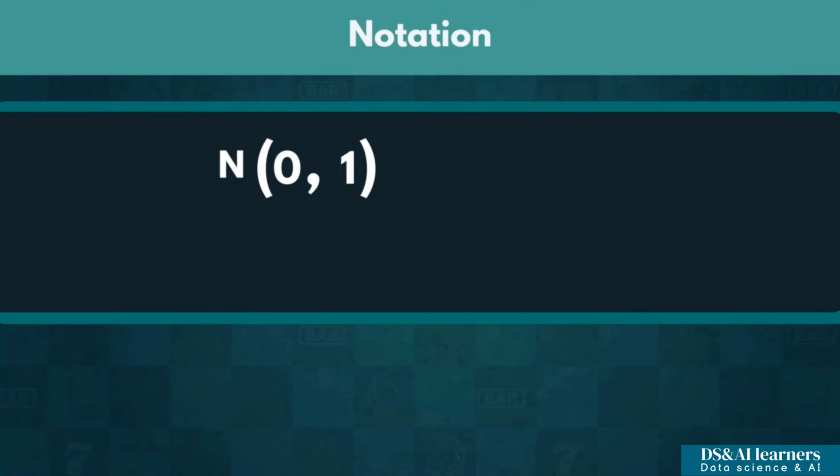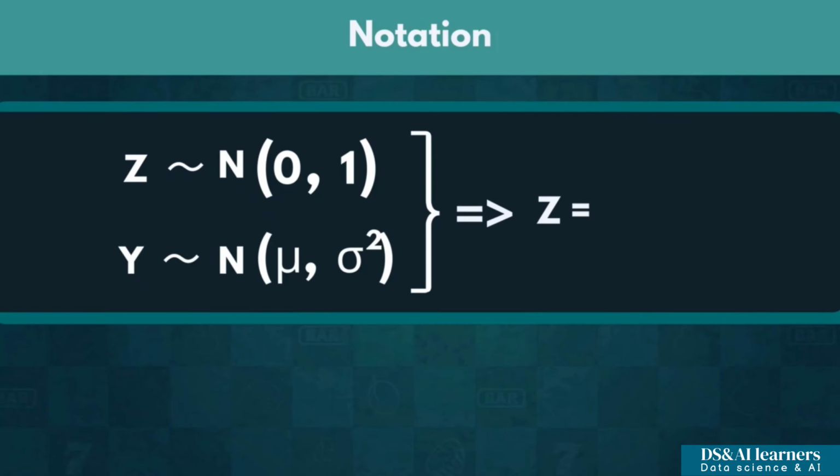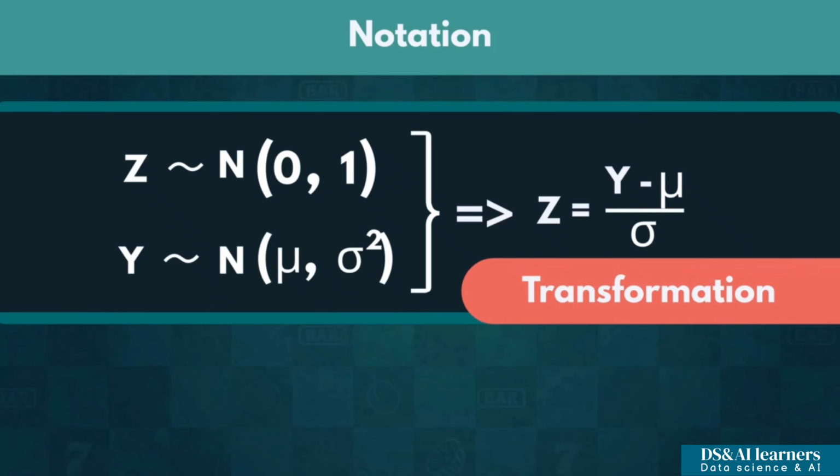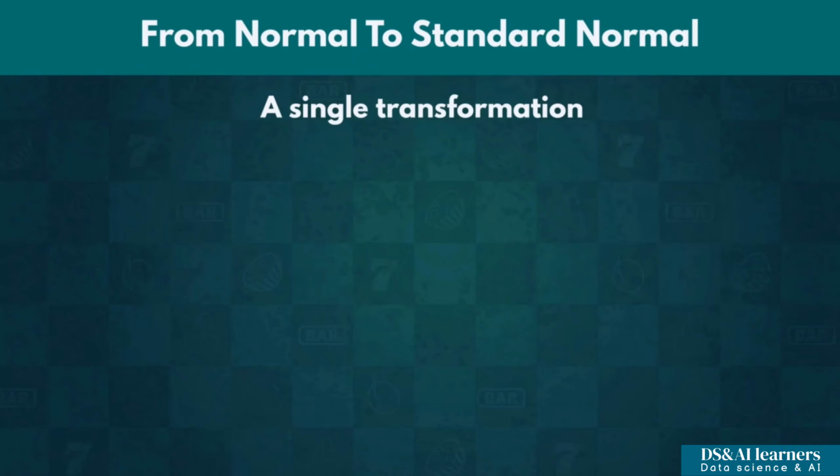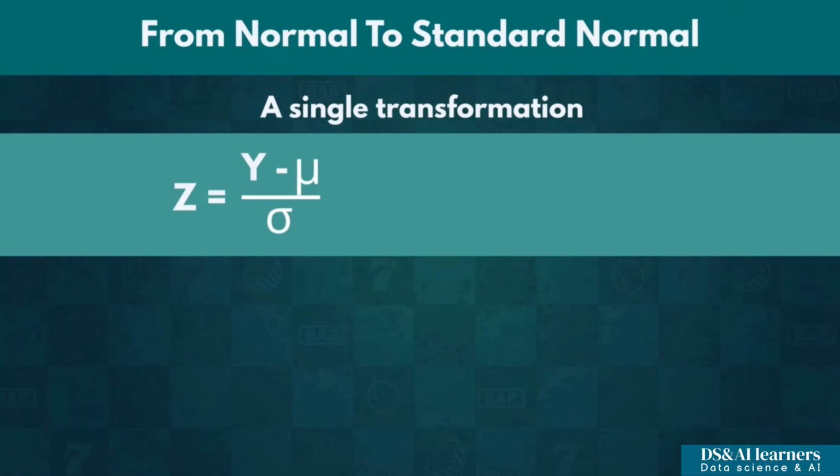If we denote the standard normal distribution with z, then for any normally distributed variable y, z equals y minus mu over sigma. This equation expresses the transformation we use when standardizing. Amazing! Applying this single transformation for any normal distribution would result in a standard normal distribution, which is convenient.